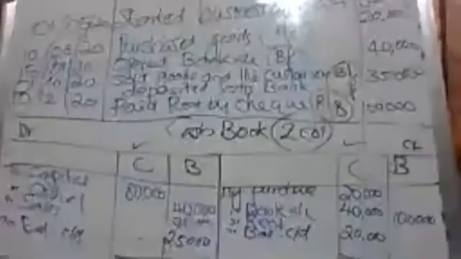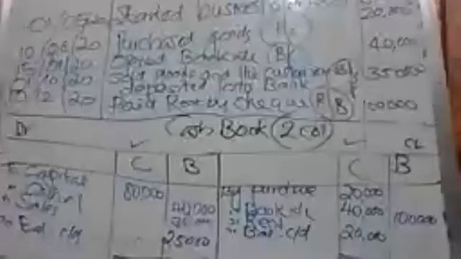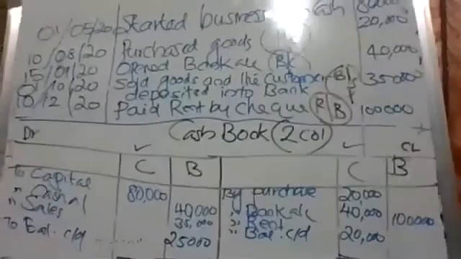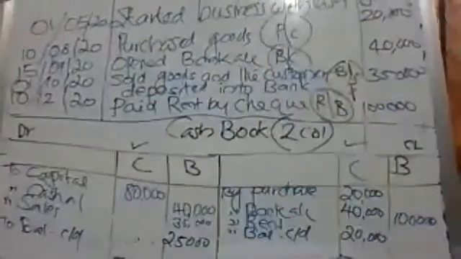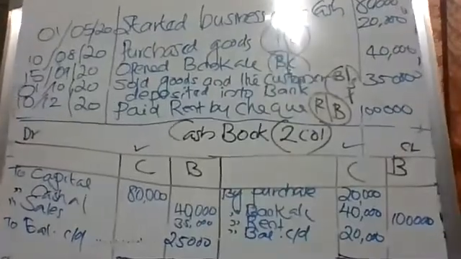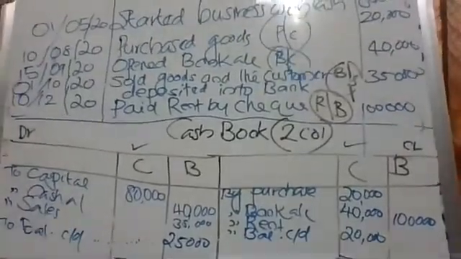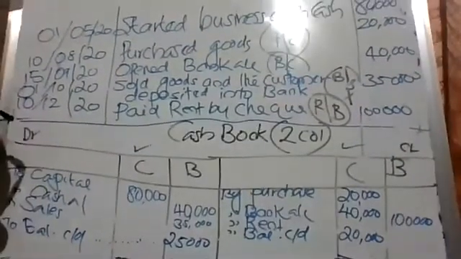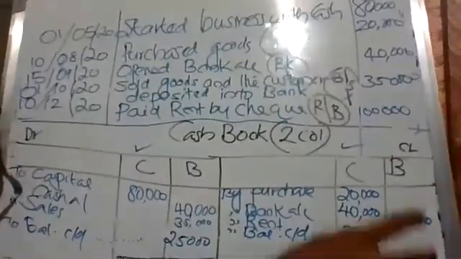That account is having that balance. Cash account is having debit balance, bank account is having credit balance.